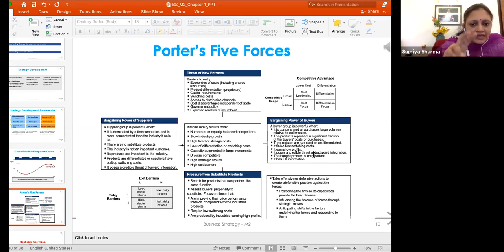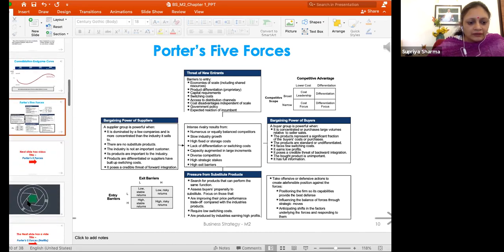And these models tell us where that opportunity lies and whether I am capable enough to deliver that. So this is Porter's 5 forces model, which we can study to arrive at that. We can listen to this.